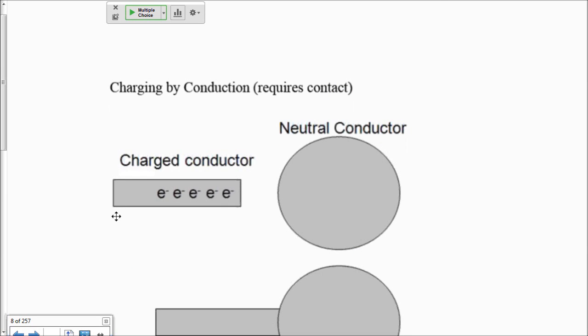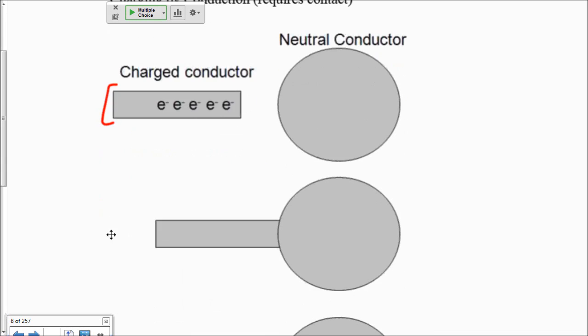We have a couple different ways of charging: charging by conduction and charging by induction. Charging by conduction just requires contact. Say, for example, I have a charged conductor here, a metal rod that has an excess of negative charges, and then I have a neutral conductor here. That means it has equal numbers of positive and negative charges.